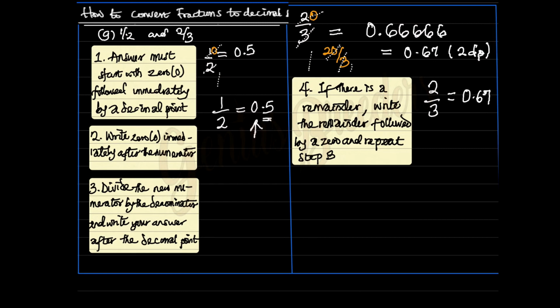It didn't continue like 0.66666666. So this decimal number is called a terminal decimal, while this is called a recurring decimal. Meaning that 6 continues to reoccur.